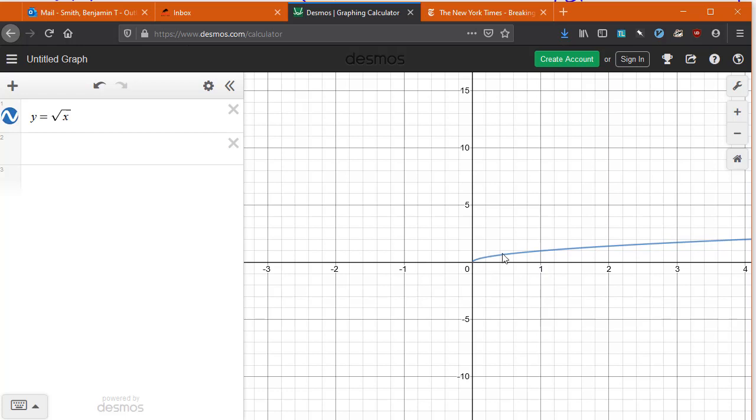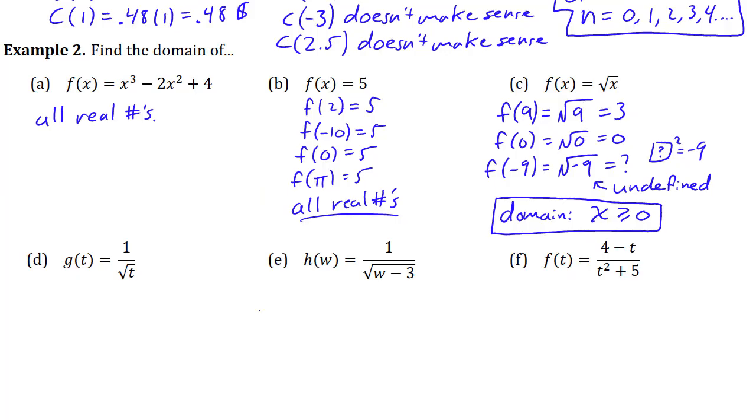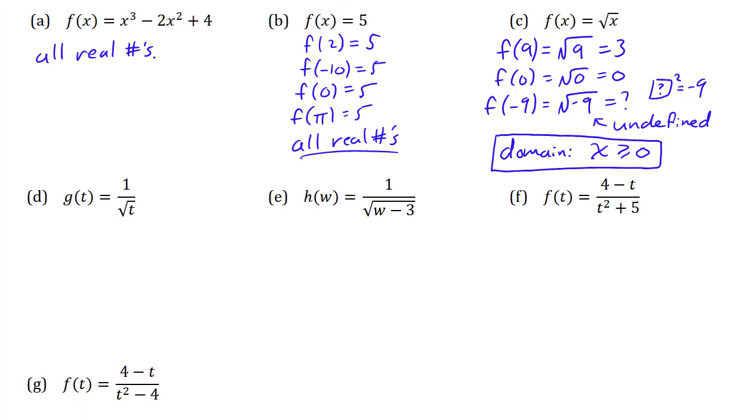We only have output values when x is a positive number or 0 out here. You can see that 0, 0 is a point on it, but there's no output, no y value when x is negative 3.